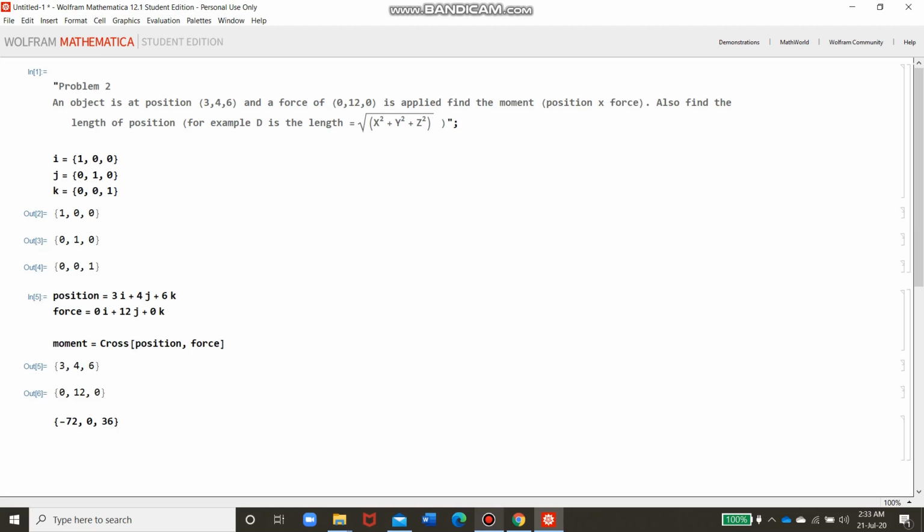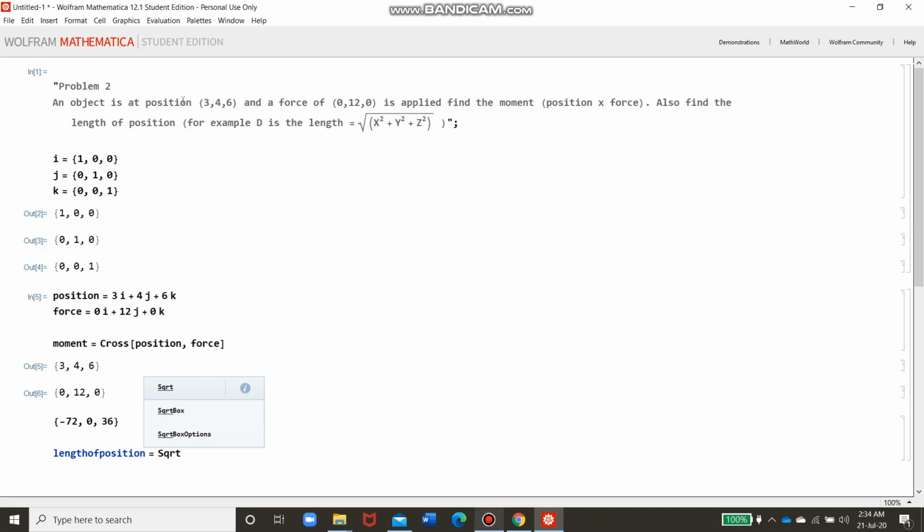Now they're asking for the length of position. As you know, it's the square root of x squared plus y squared plus z squared. So I'm going to write square root. This is the command for square root.